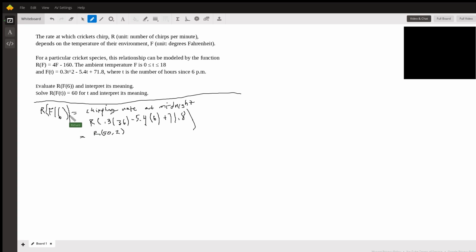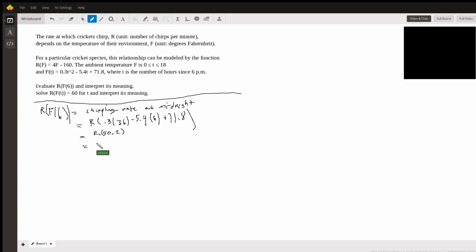So all I did was replace T, because it's F of T. T is replaced by 6. And that's how I got this number. And that comes out to be 50.2.